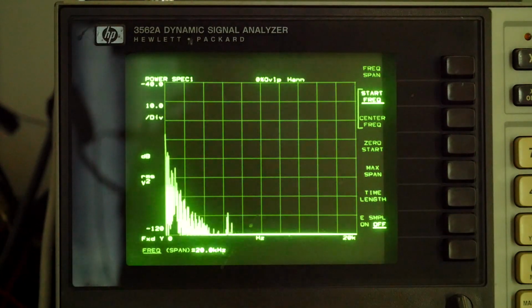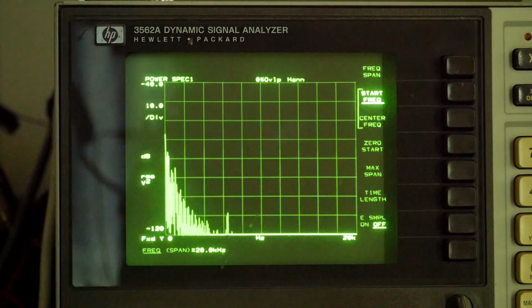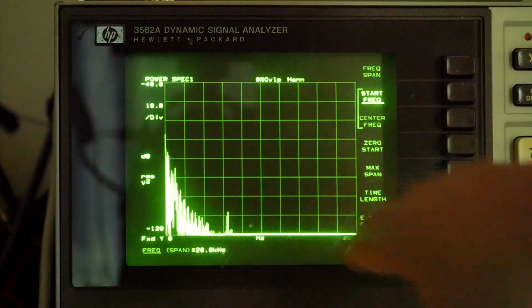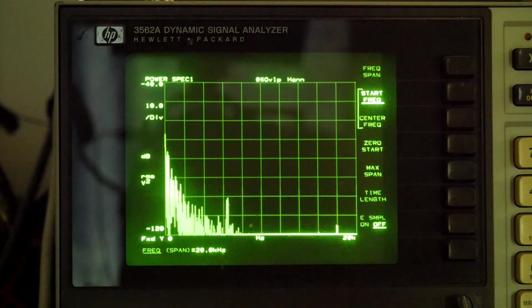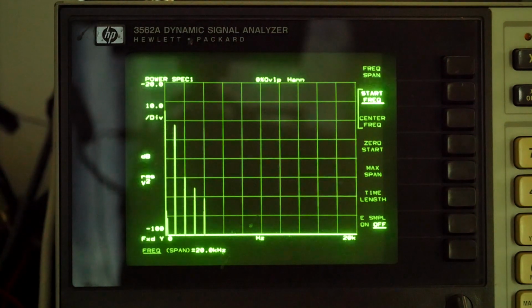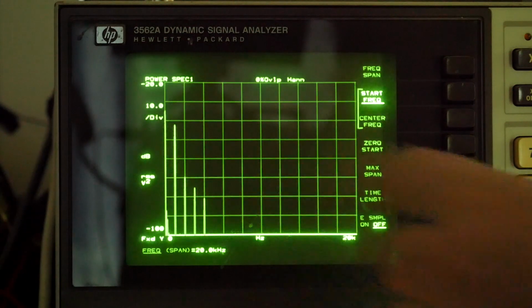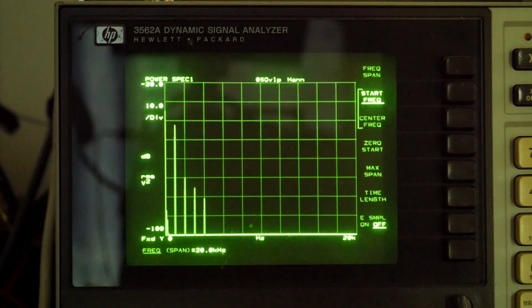So now we're having a look at that signal in the frequency domain. We're looking at a 20 kilohertz span, and I'll just probe pin 7 and we'll have a look at our error signal. There we go. Okay, so what we see is mostly the 1 kilohertz fundamental, but we also see the second, third and fourth harmonics coming through there.